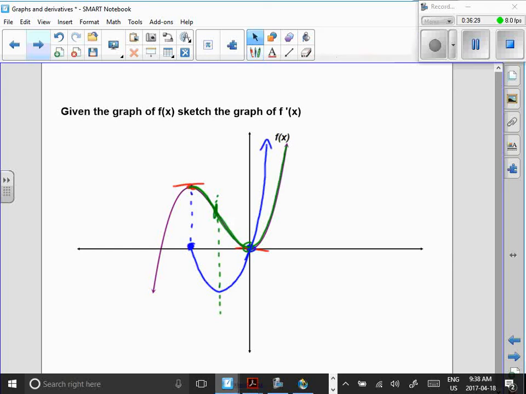And to the left of this root, the slope of the tangent is also always positive, looking left to right, but it's getting less and less positive and eventually gets to 0. The slope of the tangent on this side looks something like this. And we get something that looks like a parabola. And that's f prime of x. That make sense?